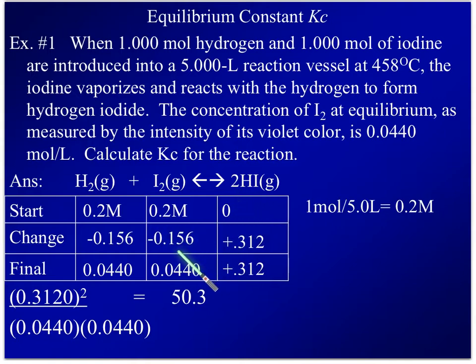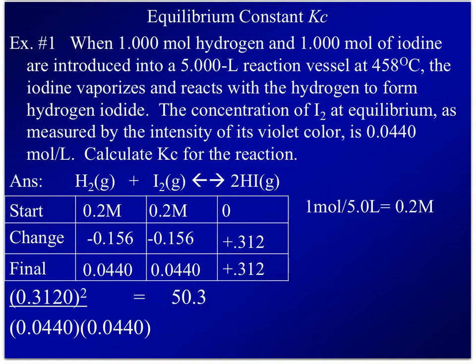If we lost or used up 0.156 of the I2 and the H2, then we must have produced twice as much HI, because for every one I2, we produce twice as much HI. So 0.312 is twice that of 0.156. Notice I put a positive there because we made some of it. Obviously, 0 plus 0.312 is going to be our final value.